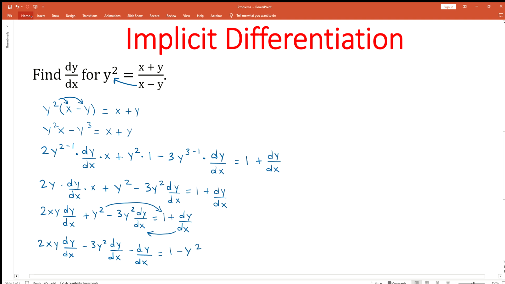Next, we should factor out dy over dx from all three terms on the left side. Next, we should divide both sides by 2xy minus 3y squared minus 1.